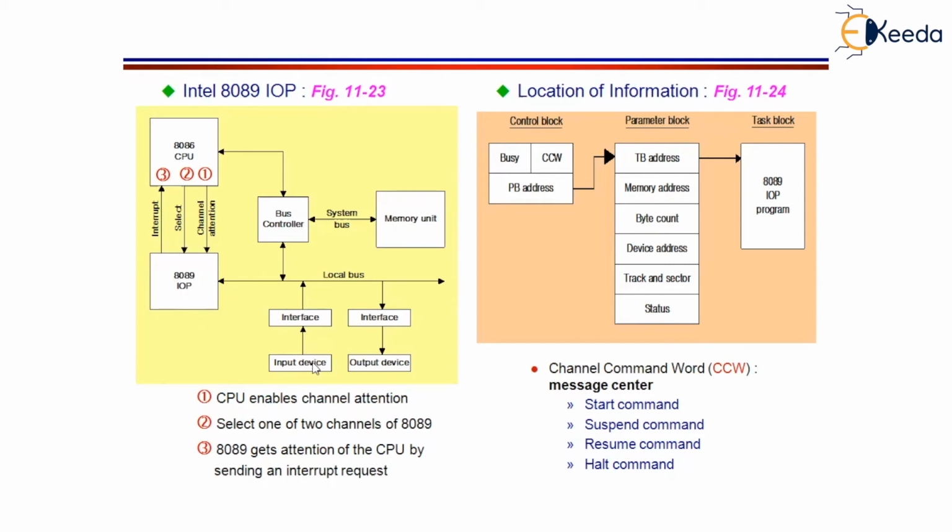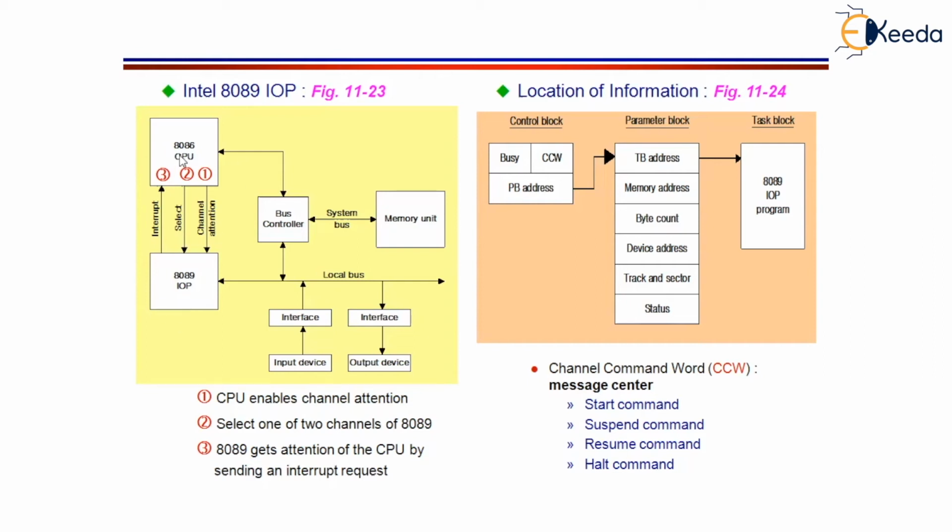So, when there comes an interrupt, the interface is going to interrupt 8089 initially. When 8089 gets the interrupt, then it is going to use a special interrupt line to interrupt the CPU. Now here, the IO operation has been initiated by 8089.